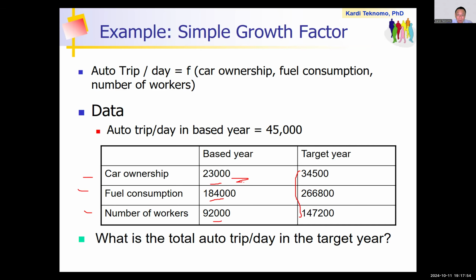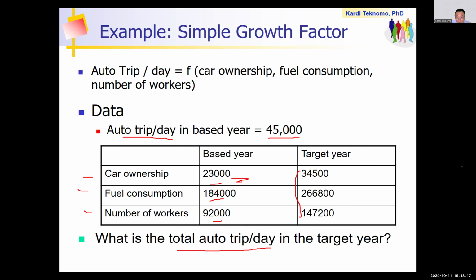Then we have auto trip today, say suppose 45,000. The question is, what will be the total auto trip per day in the target year? Remember, simple growth factor is based on each factor, they are independent.